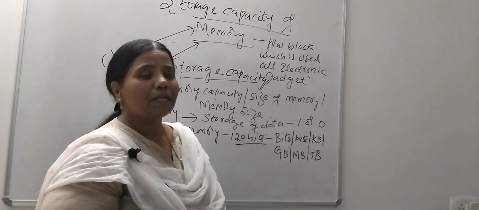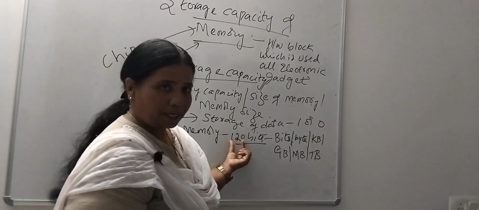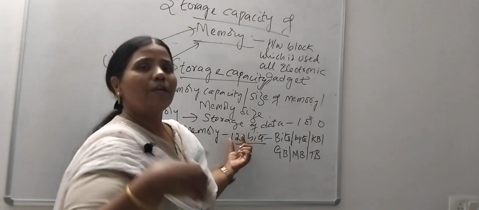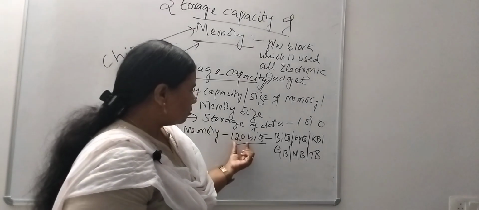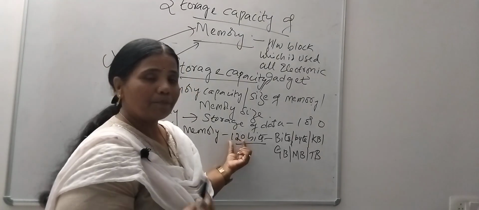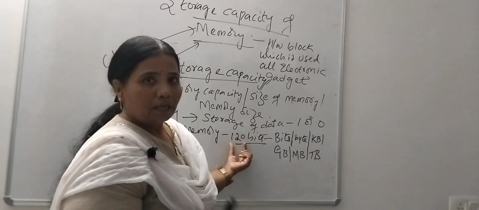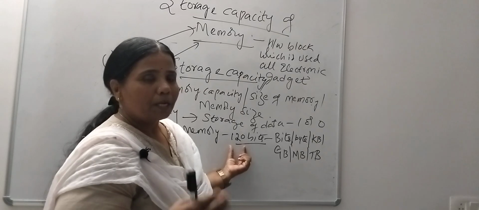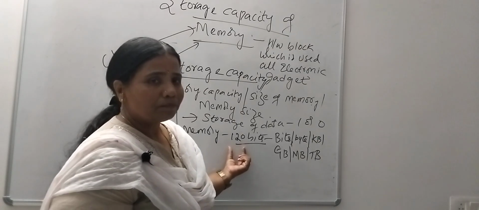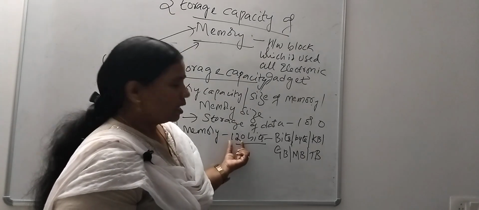Suppose your memory is capable of storing 120 bits. Out of 120 bits, 24 bits are taken by the song. So what is the storage capacity? Your memory has 120 bits. Out of 120, 24 is taken. How many remain?